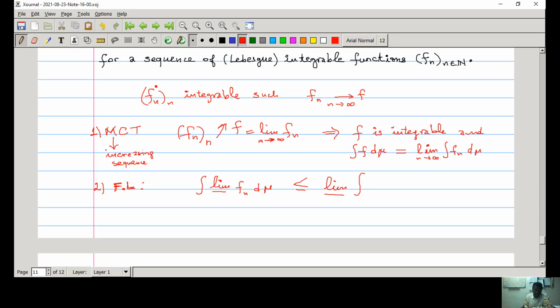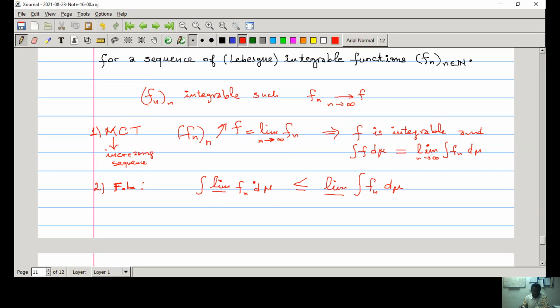They are integrable, so we know the integral of Fn d mu, of course when n goes to infinity, even though I didn't write it there.